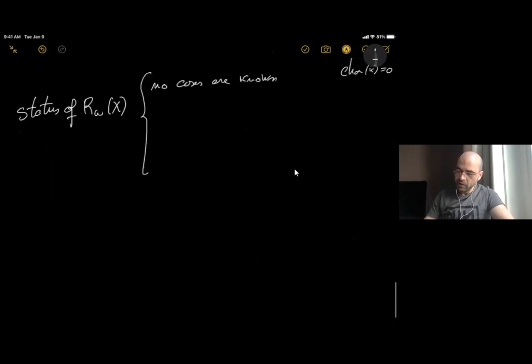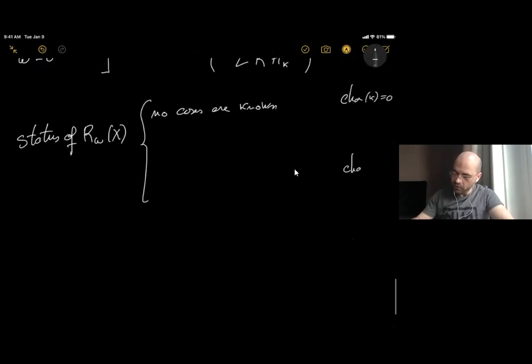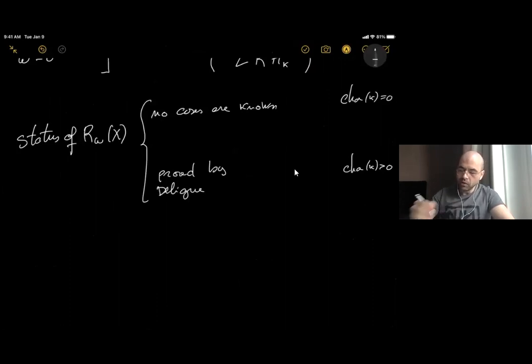But in contrast, if you go to positive characteristic, then it's actually a theorem. It was proved by Deligne, by connecting the work of Deligne on one side with the work of Grothendieck on the other. So it's really a completely different picture depending on the characteristic.